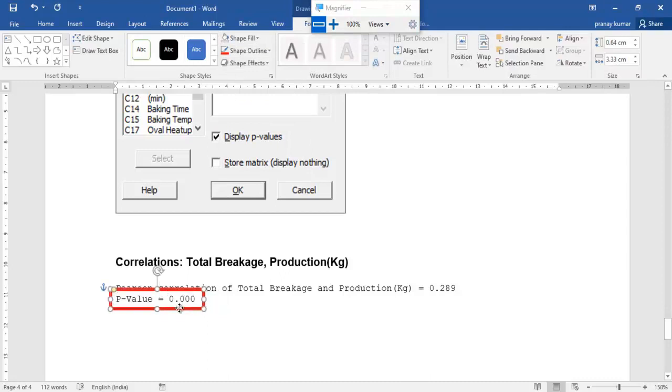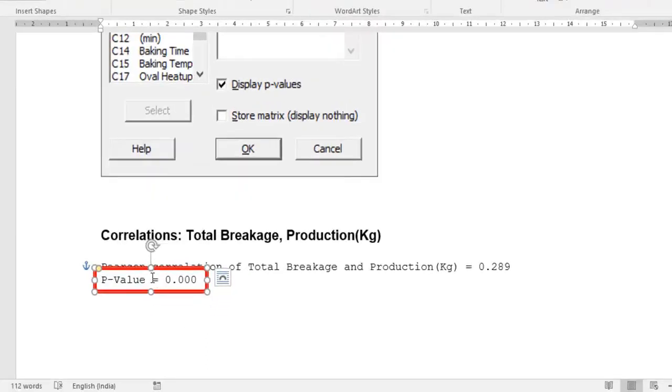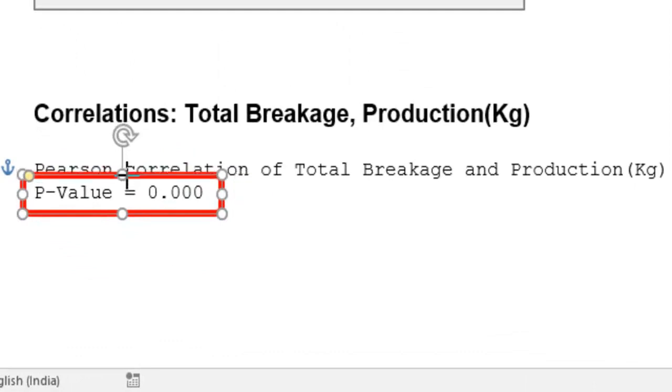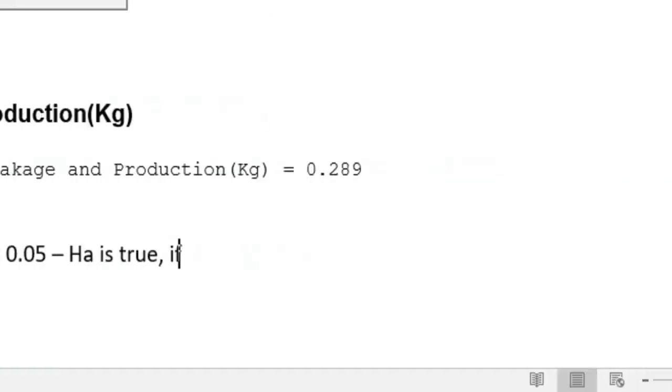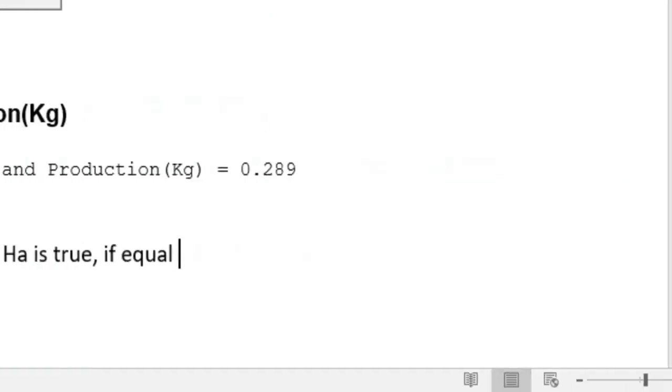The first thing I saw was that my p-value was less than 0.05. If less than 0.05, I will conclude HA is true. If equal to or more than 0.05, I will consider H0 as true.